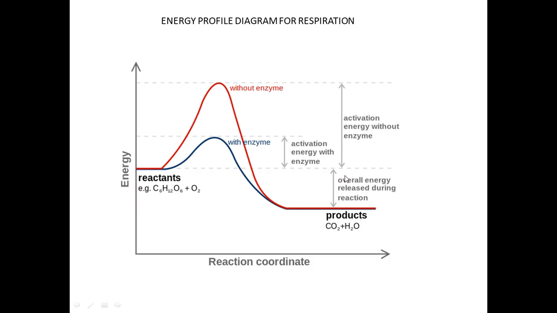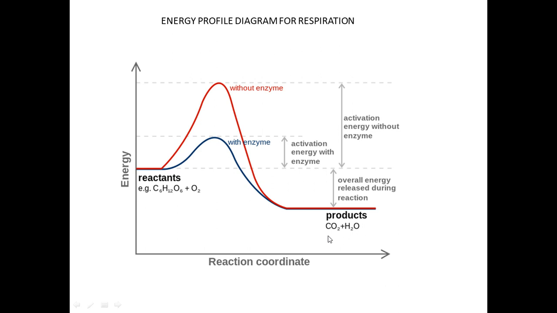Let's look at some energetics of some biochemical reactions in the body. This one is the energy profile diagram for respiration, which occurs in the mitochondria of the human system, in which glucose is being oxidized to produce carbon dioxide and water.